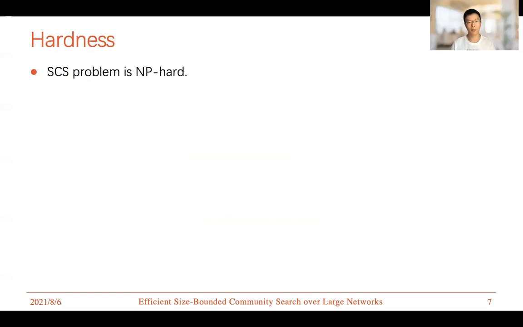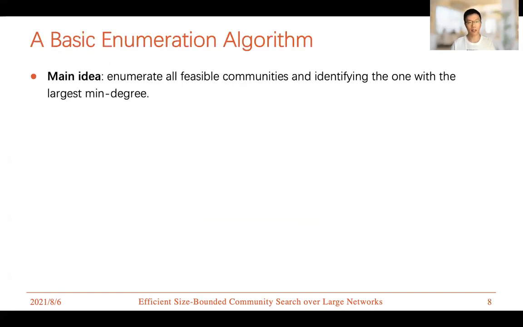The SCS problem is NP-hard. To solve this problem exactly, we resort to a branch and bound algorithm. Firstly, let's see a basic enumeration algorithm. The main idea is to enumerate all feasible communities and identify the one with the largest minimum degree.